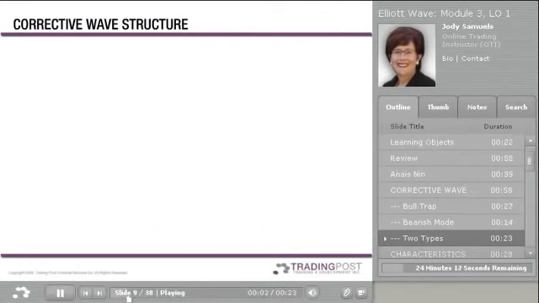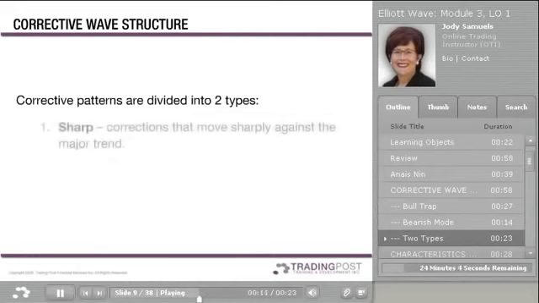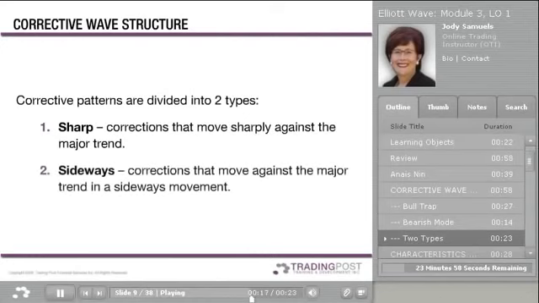Let's begin delving into this ABC corrective sequence a bit further. Corrective patterns are divided into two types: sharp, which are corrections that move sharply against the major trend, and sideways, which are corrections that move against the major trend in a sideways movement.